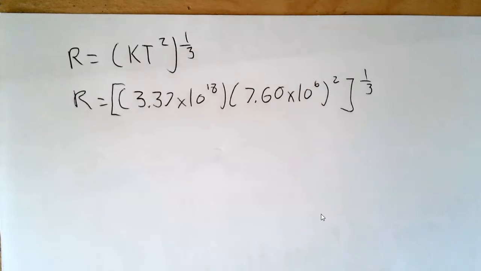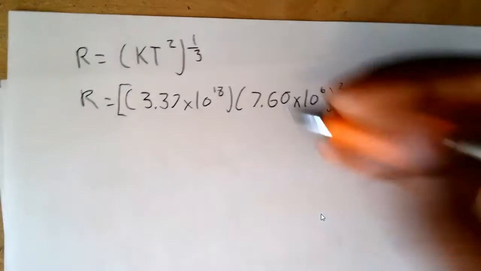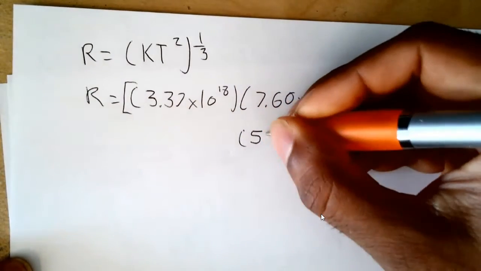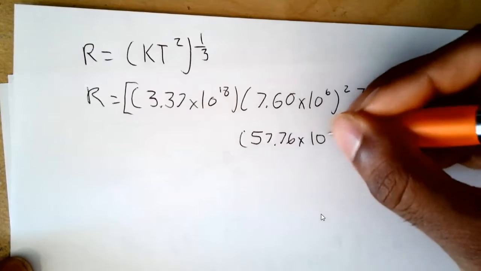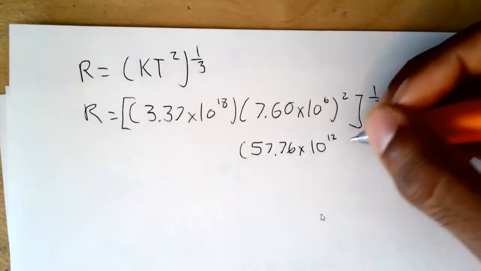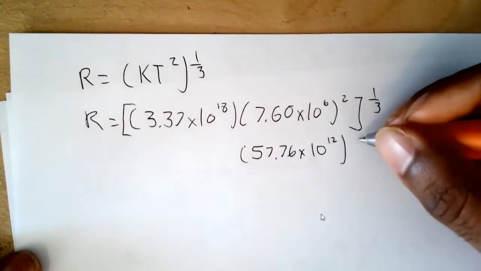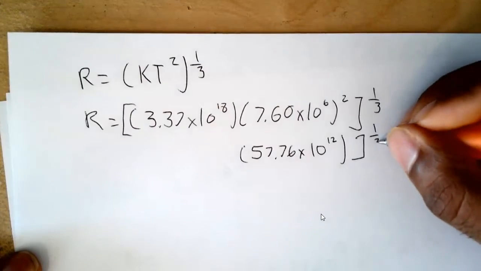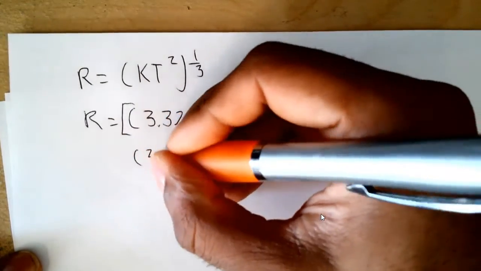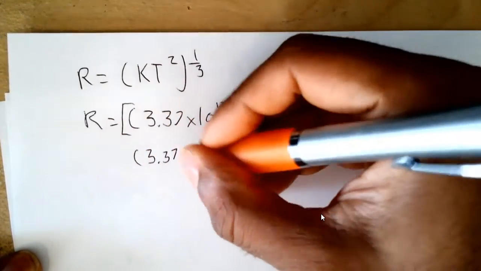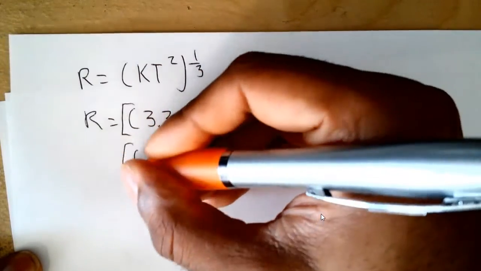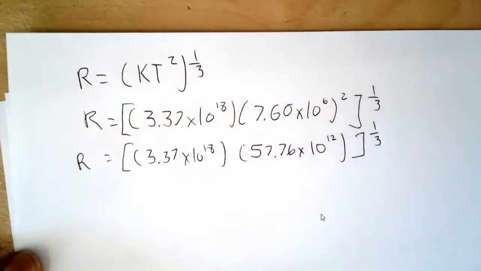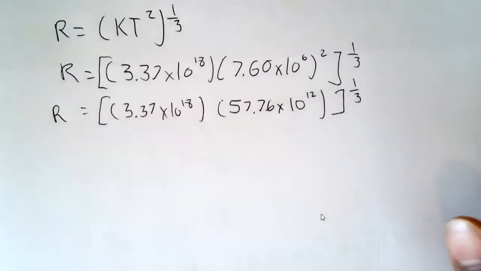Get out my calculator. 7.6 times 7.6 gives you 57.76 times 10 to the 12, because 6 times 2 is 12. And close that bracket, and then everything else I'll just leave alone, so I can do it in the next step. Times 10 to the 18, and this whole thing equals r. Okay, so there we go.